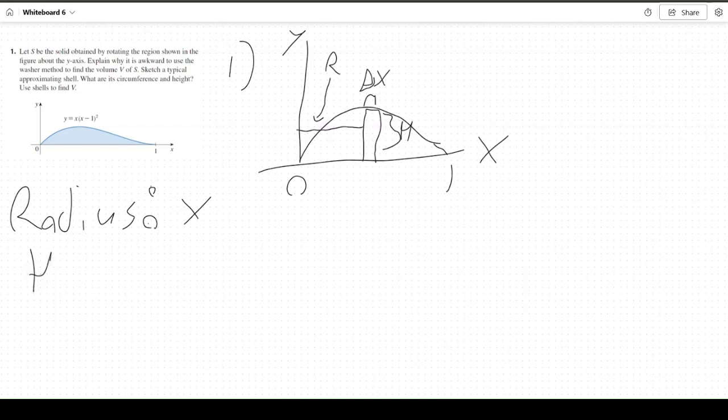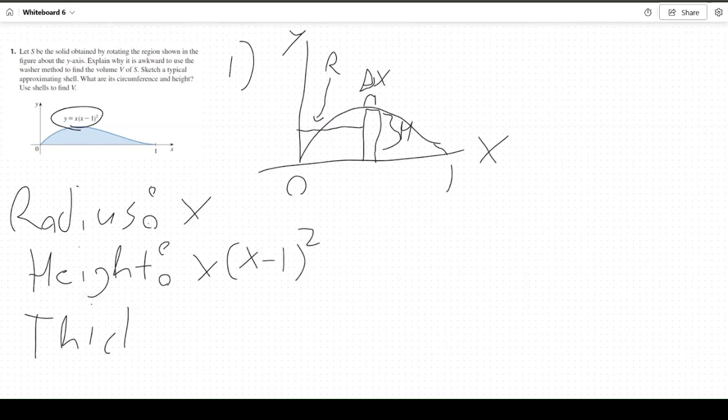And the height will be the function you are given at the beginning. So right here, the height is going to be x times (x minus 1) squared. And the thickness, from what I just sketched, is going to be delta x. And now we have all our components to solve this problem.